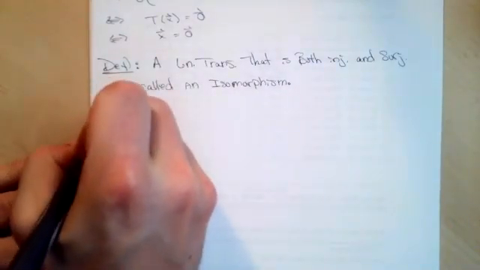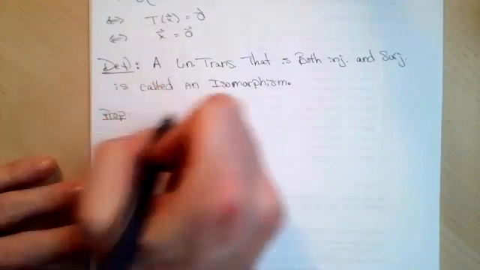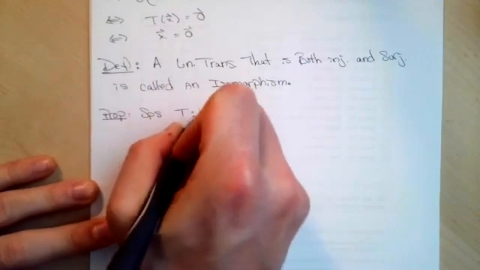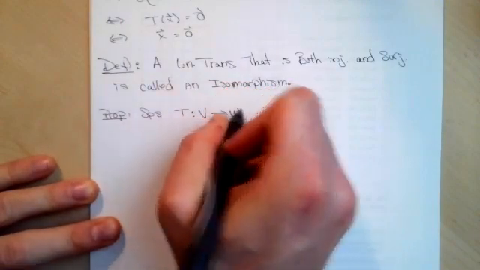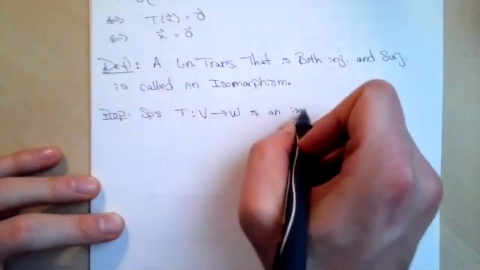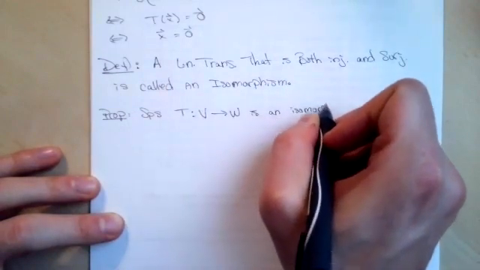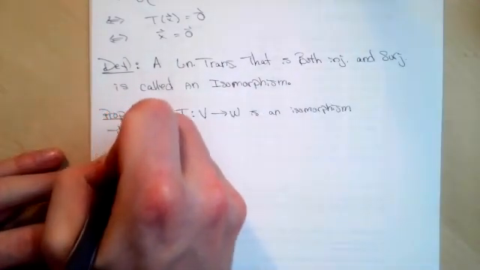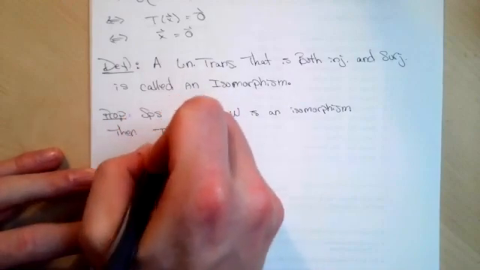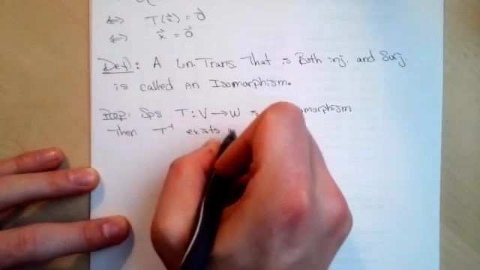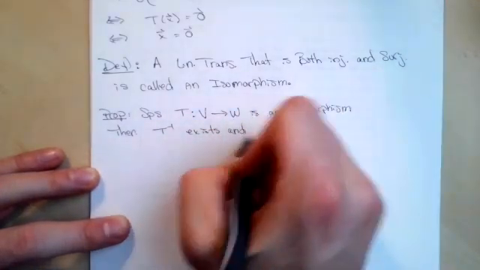And a proposition out of that. Suppose T, any transformation between arbitrary vector spaces, is an isomorphism. Then the inverse exists and is also an isomorphism.